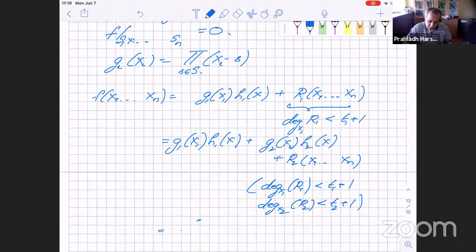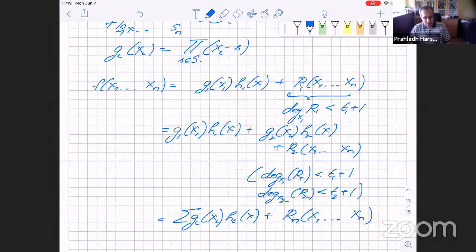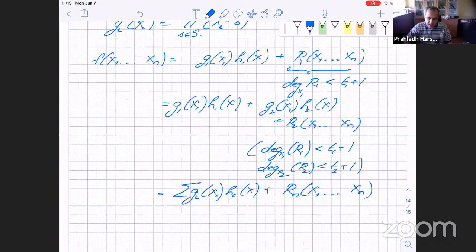So you keep on doing it this way, and you get the summation of g_i h_i plus r_n of x1, x2, ..., xn, with the caveat that the degree in x_i of r_n is less than t_i plus 1.